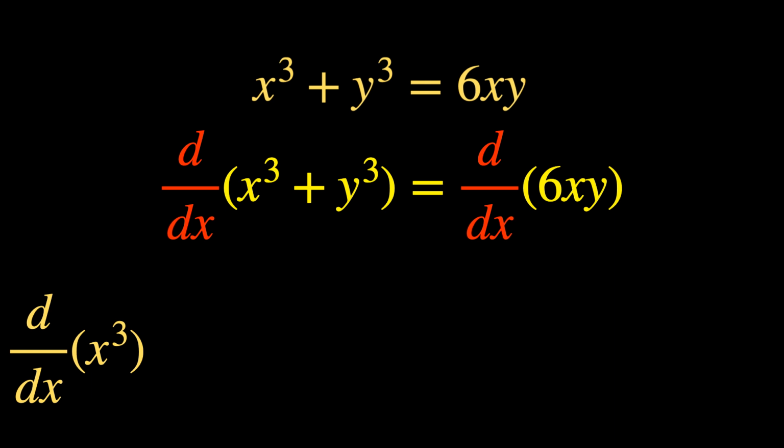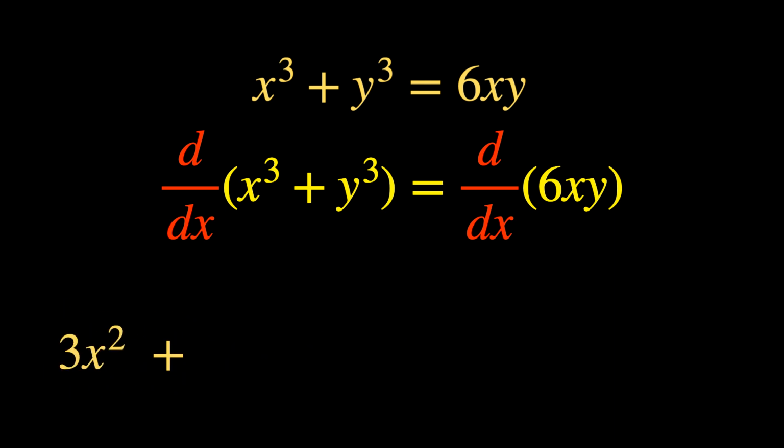The numerical coefficient of x cubed is 1. 3 times 1, we will have 3. And then you need to subtract the exponent by 1, so the new exponent is 2. Therefore, the derivative of x cubed is 3x squared.